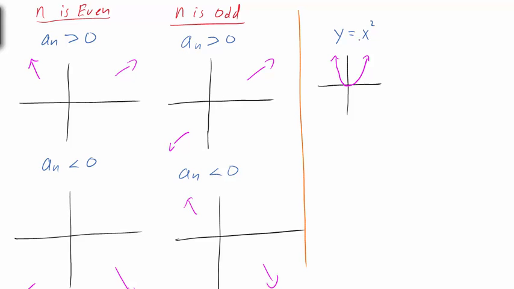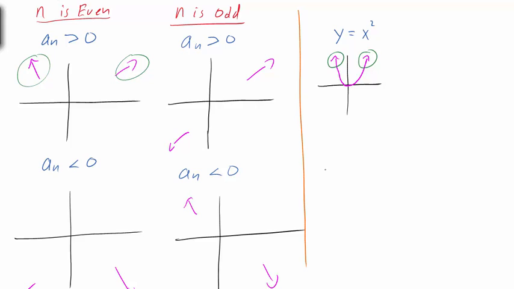Now, what's happening at these endpoints? They're going up to the left and up to the right. So if you can remember what's happening with y equals x squared, that's what this first statement is saying. If n is even, well, our exponent over here is even. The leading coefficient is positive. Our leading coefficient is a positive 1. So our graph is going up to the left and up to the right. So if you simply compare to y equals x squared, we know that the function here is pointing up left and up right.